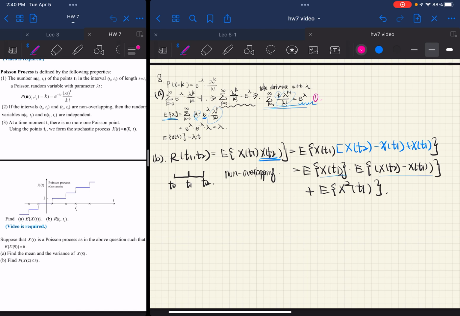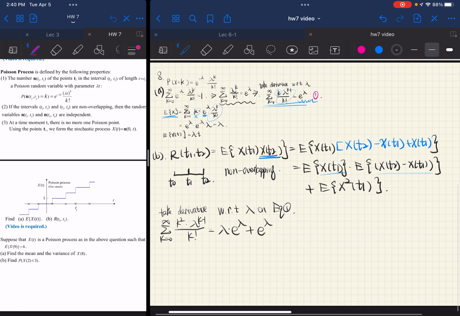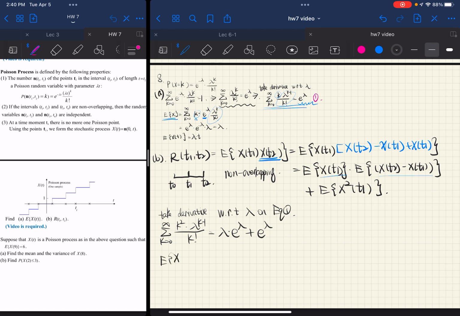Based on equation 1 from problem A, if we again take the derivative with respect to lambda on equation 1, we get that the summation from 0 to infinity of k to the power of 2 times lambda to the power of k minus 1 divided by k factorial equals lambda times e to the power of lambda plus e to the power of lambda.